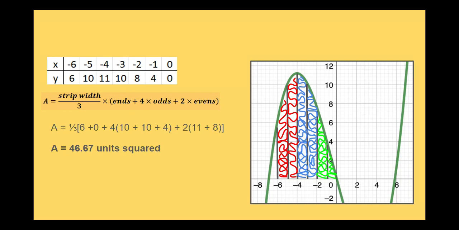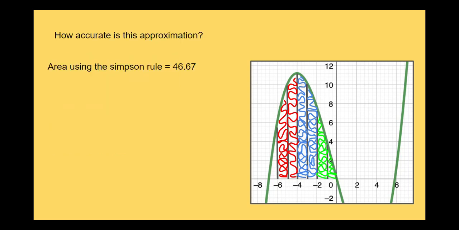One last thing to look at is how accurate an approximation this is. So there's the area that we've just worked out. That will be the exact one. And of course, I've chosen this example so that we can do this comparison. Using calculus, we find the area is mighty close to what we found using Simpson's rule.